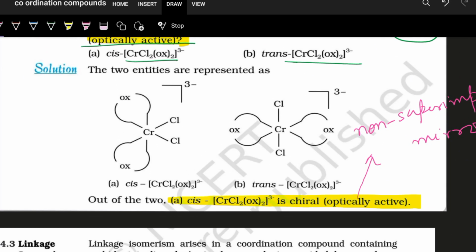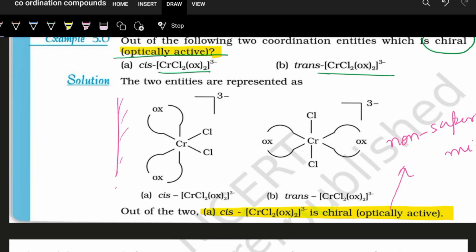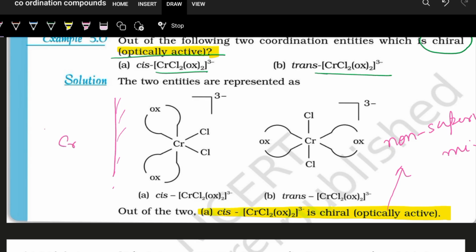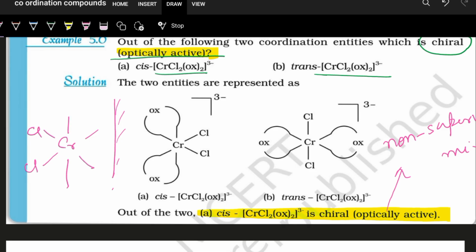It is better if you can show the non-superimposable mirror image, keeping in mind that the group that is close will remain close. The group that is far will go far. So Cl goes far. And what remains close is your oxalate ion.